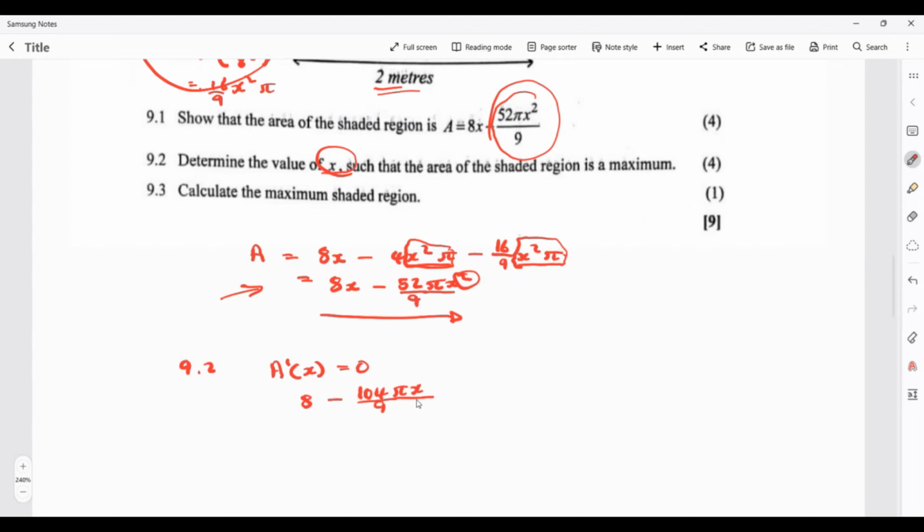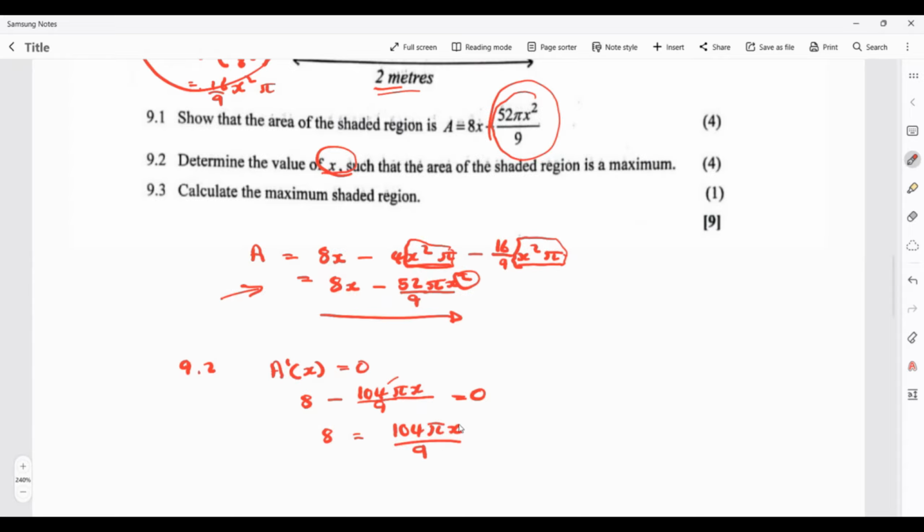I'm left with x now. This must be equal to 0. I will take this 8 to the other side so that I can have 8 equal to 104 pi x divided by 9.